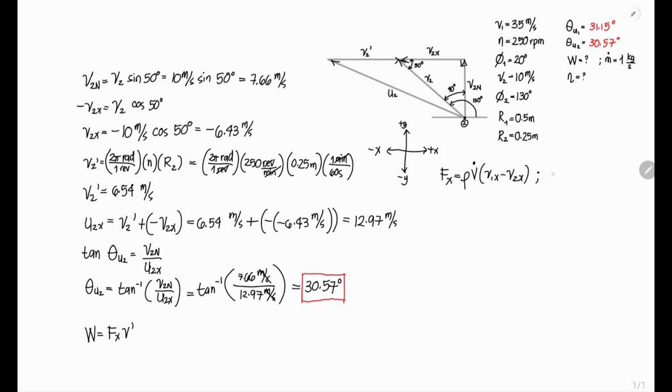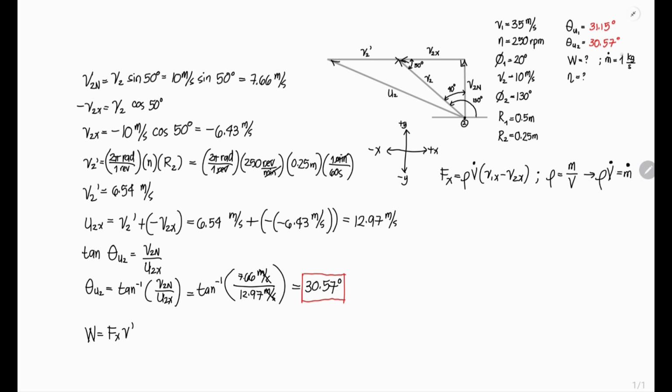But since we know na ang density is equal to mass over volume, kapag pinag-multiply yung density and volume, magkakaroon tayo ng mass. And if the volume is a flow rate, therefore, the mass is also a flow rate. So that is rho V flow rate is equal to mass flow rate.